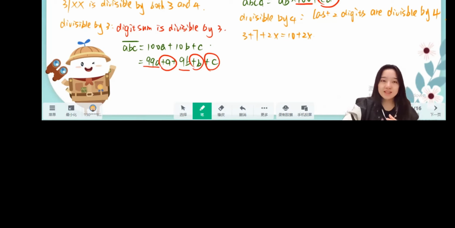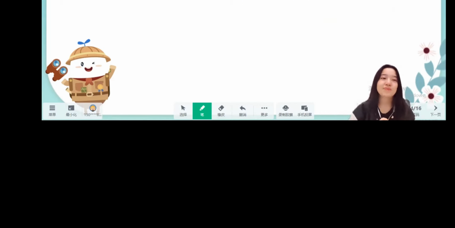Wow, 18 is divisible by 3, so that is just what we want. Then, when x equals 8, the digit sum is 10 plus 8 times 2 equals 26. It's not divisible by 3 again. In this way, actually, only C can meet the conditions. So that's why we pick C.